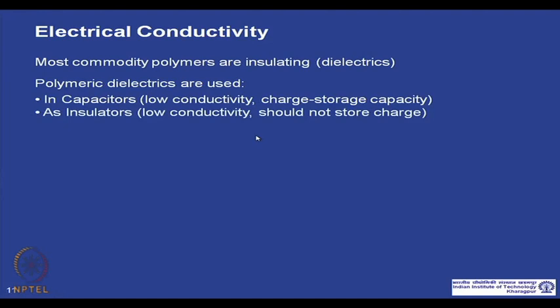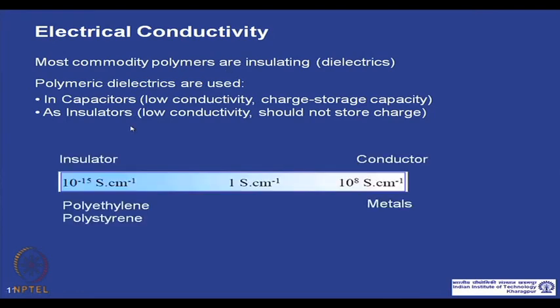So, basically these are the two main uses of polymers in electrical applications. And for the values of electrical conductivity, normal polymers like polyethylene and polystyrene have values of electrical conductivity just like insulators, whereas at the extreme other end, the metals have much higher conductivity and are perfect conductors.